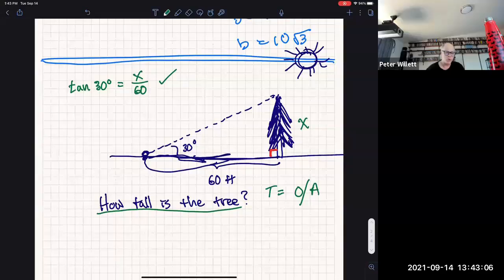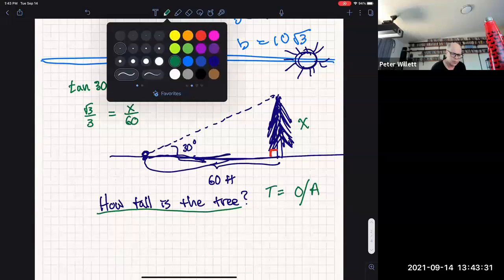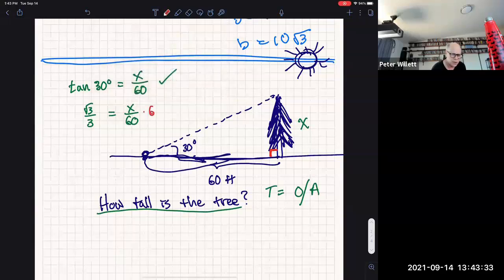Now we could also do that calculation by remembering that tangent is sine over cosine. So you could do sine of 30 and divide by cosine of 30 to get that number, square root of 3 over 3. Or some calculators would give you a decimal. So square root of 3 over 3 is equal to x over 60, and I'm trying to solve for x. I would multiply both sides by 60 to get x by itself, since it's divided by 60.